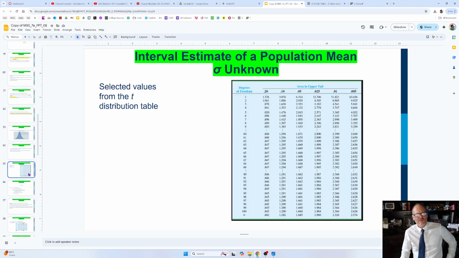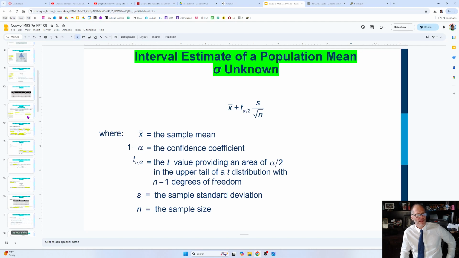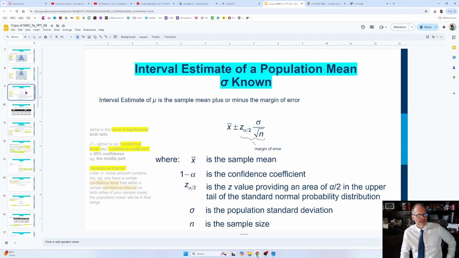So selected values from the t-distribution table, we're looking at that already. And the interval estimate of the population mean, where the standard deviation of the population is unknown, is the sample mean plus or minus t times the sample standard deviation divided by the square root of n. That's the standard error.